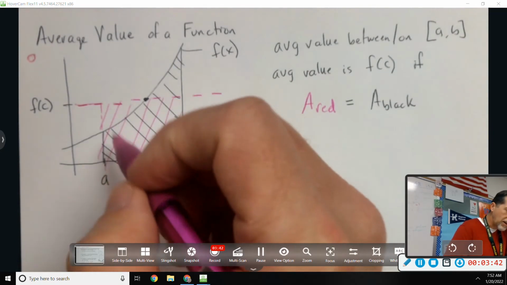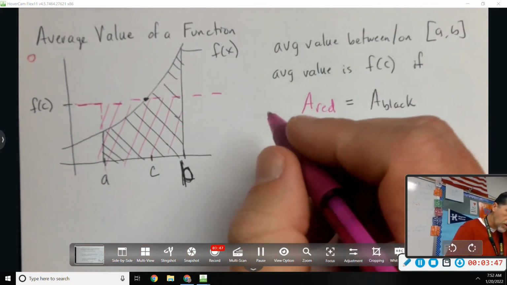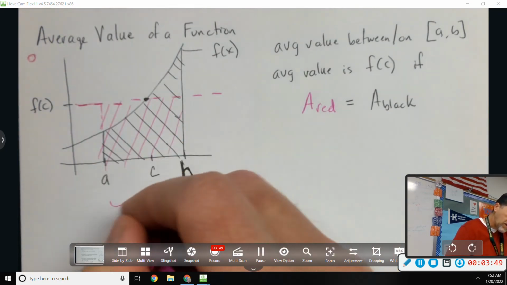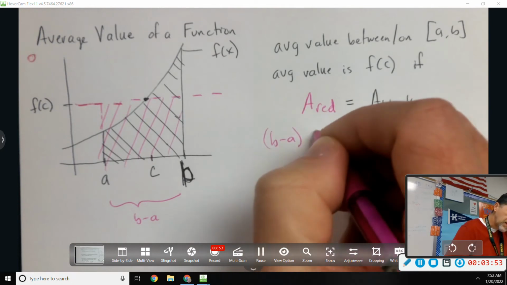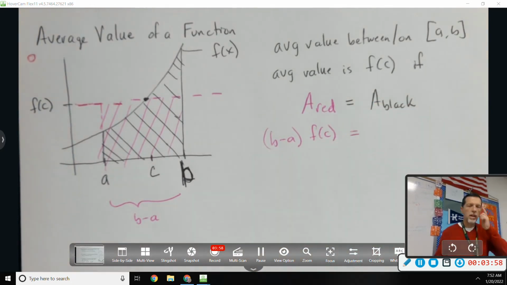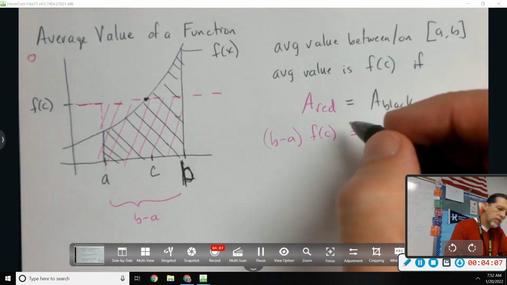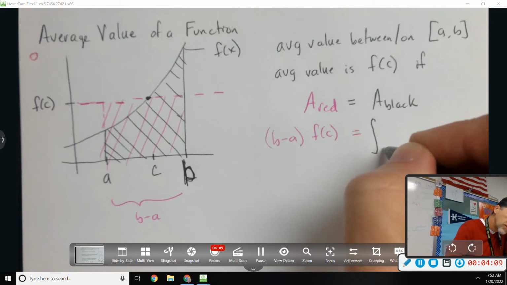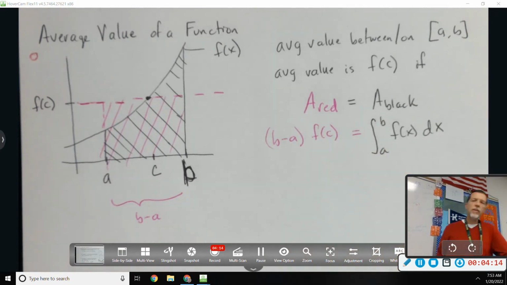Let's see, the red area then would be a rectangle. So width times height: b minus a times f of c. And the black area is the area under a curve, so we could represent that with an integral from a to b of f of x dx.